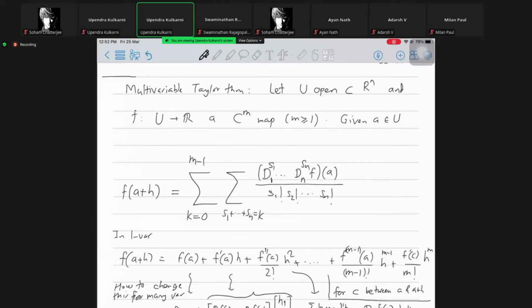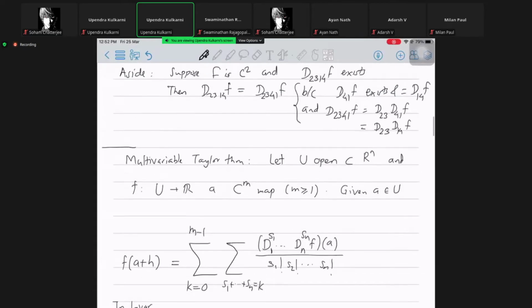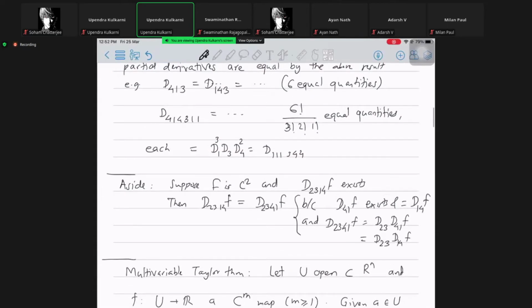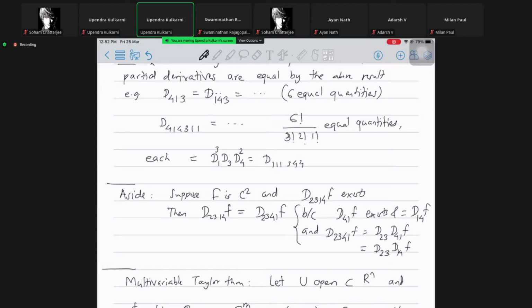So this is exactly like saying, see, this D4 D1 cubed D2 squared, that term, of course, applied to F and evaluated at A. When that comes, that will be divided by 6 factorial, right? In the Taylor expansion, because it is the 6th derivative that I'm taking.